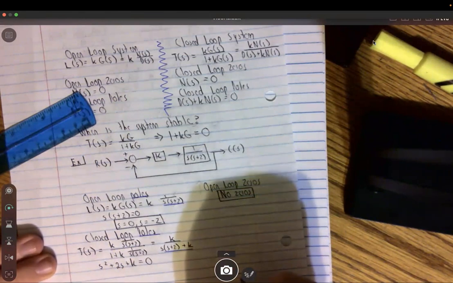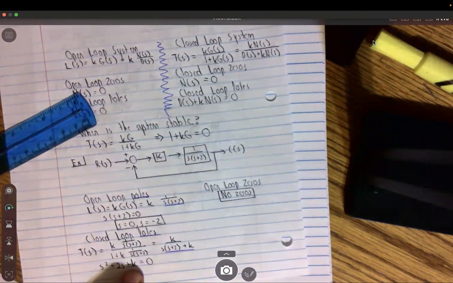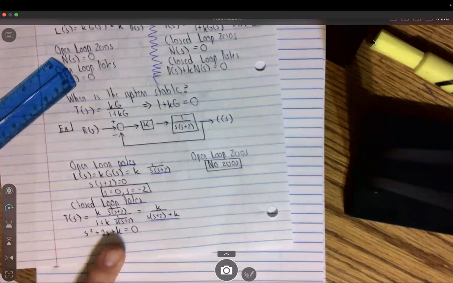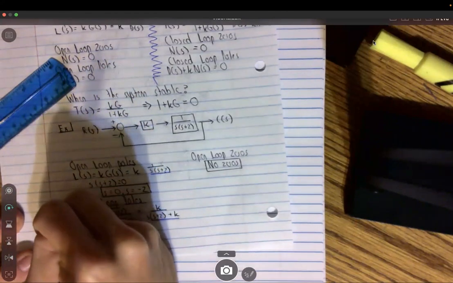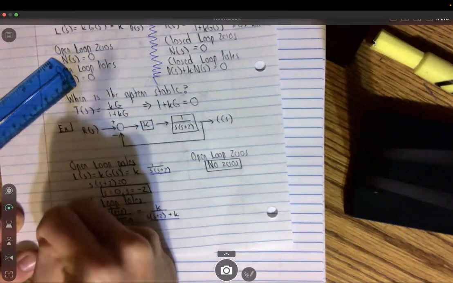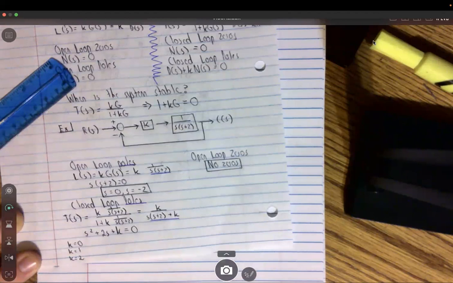What we're going to see here is that when we have different values of k, that's going to change where the closed loop poles occur. Because when you solve for this, you're going to notice when k equals 0 versus k equals 1 versus k equals 2, where are those poles going to be located?